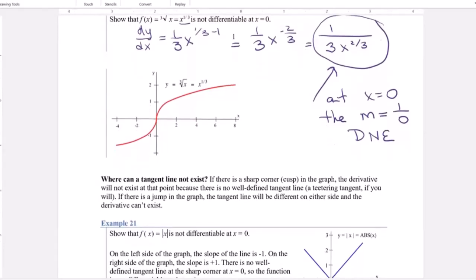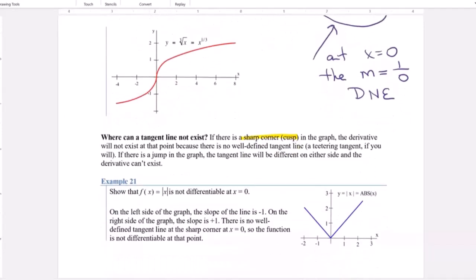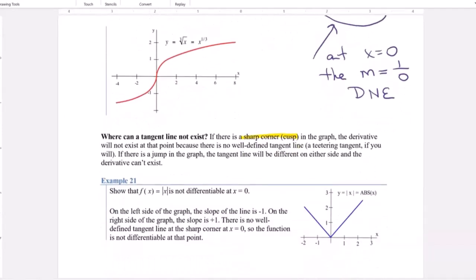So where can a tangent line not exist? If there's a sharp corner, so this is basically what you have to look for. Corners, cusps. A corner looks like the absolute value graph. A cusp would be something where it kind of looks like that.